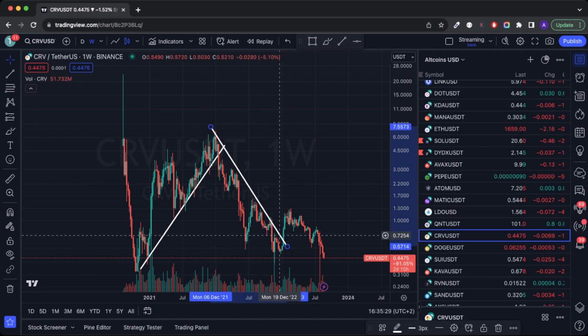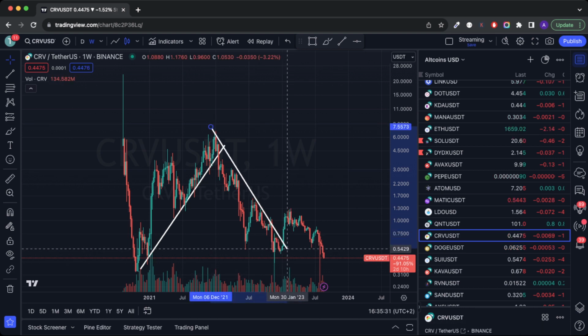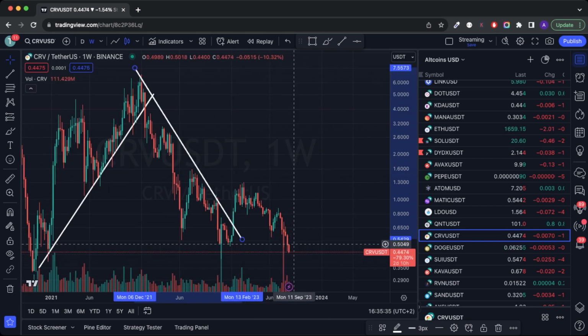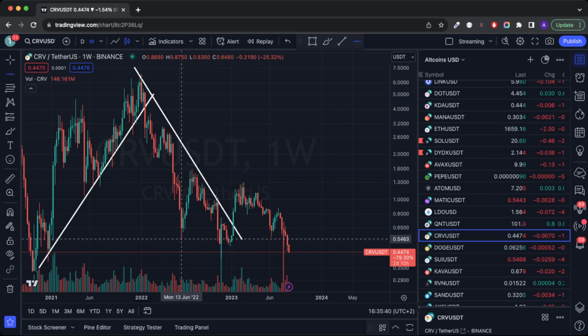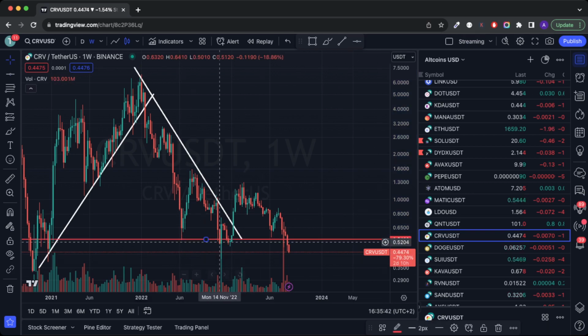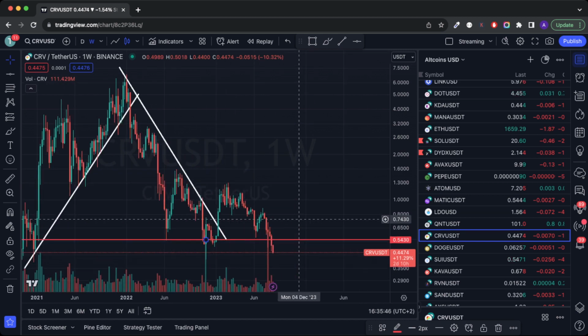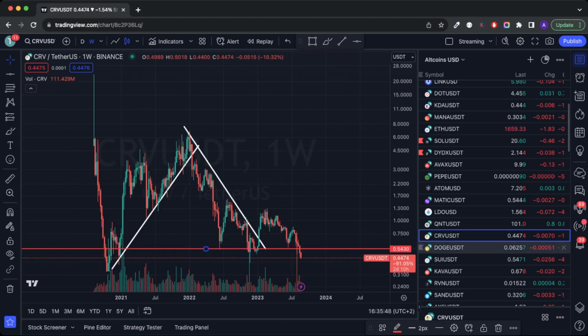And that's also why I don't like Ripple, just because the Ripple Foundation owns such a big piece of it. So those are the things I really don't like. And even technically speaking, it's not looking good. It's making lower lows. Yeah, I don't like it.